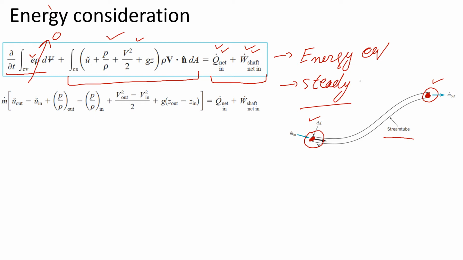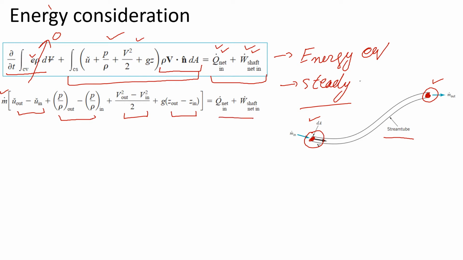So this is our equation now. This comes out to be the mass flow rate. This is the change in energy. This is the change in pressure at the outlet and inlet. This is the change in kinetic energy and the change in potential energy, and the right hand side will remain as such.